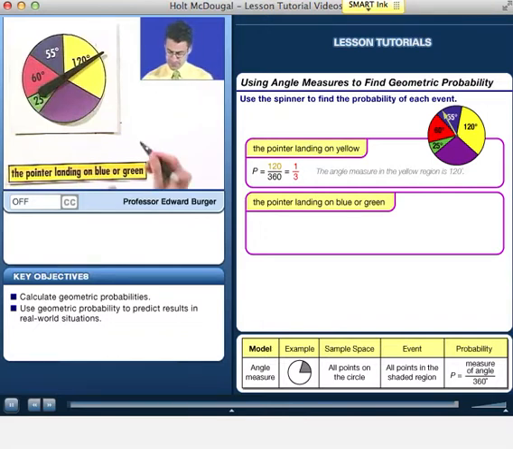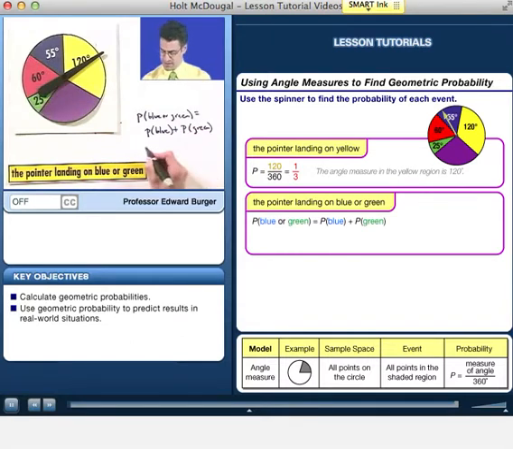So the probability of blue or green equals the probability of blue plus the probability of green. And that's because these events are mutually exclusive.